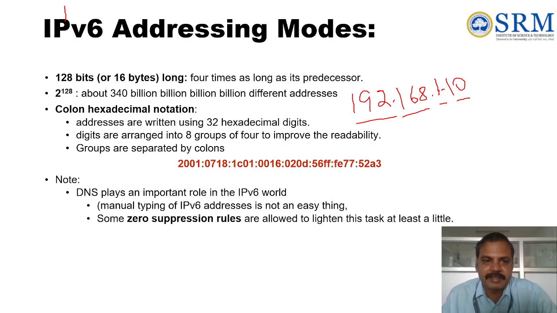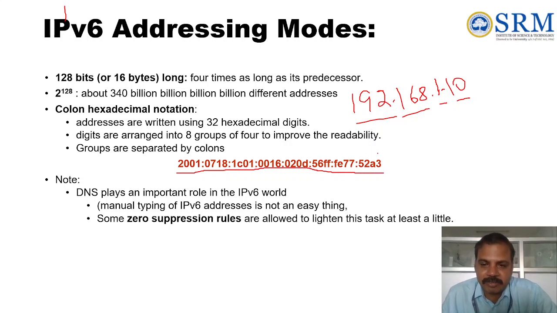But in IPv6, the length of the address is increased from 32 bits to 128 bits. Representing it like that would be very hard, so we have moved to the hexadecimal notation for easier understanding of the IPv6 address.